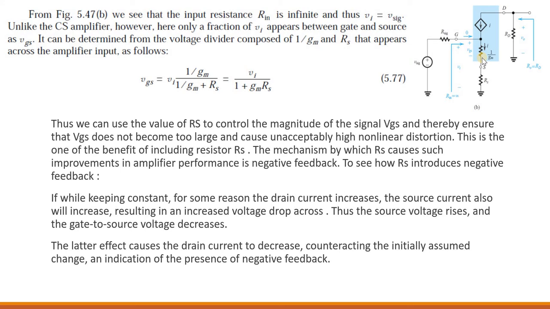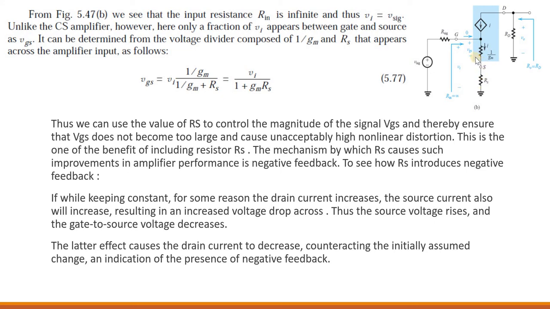Only a fraction of Vi appears between gate and source. It is not like the full amount of Vi appears at VGS, because there are two different resistances here: one is 1 over Gm and the other is Rs. So we can apply the voltage divider rule to obtain VGS.